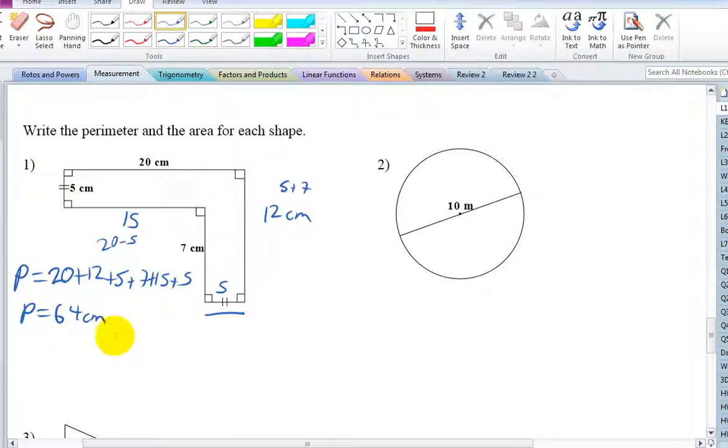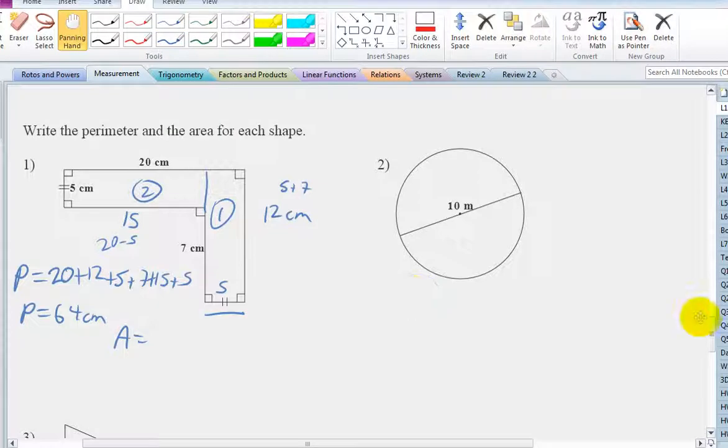All right, area. So for the area of the total shape, you have to divide it into 2 separate pieces. This could be piece 1, this could be piece 2, or you could divide it this way and piece 1, piece 2. Your choice. I'm going to use the blue division, but you just have to divide it up any which way. Be careful how you do it. Okay. Go for it. Find the area. So length times width plus length times width.